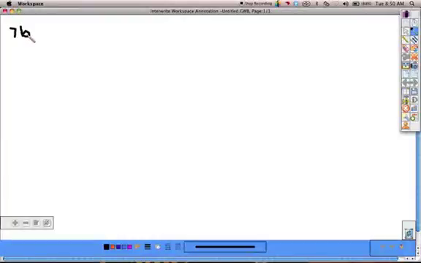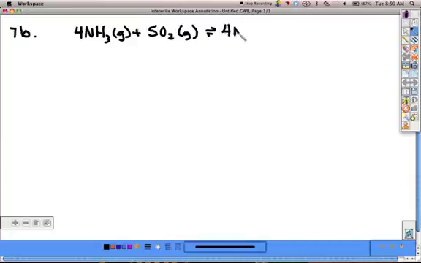7b asks us to take a look at where we started in 7a with the equation for NH3 as a gas plus 5O2 as a gas, which is in equilibrium with 4NO gas plus 6H2O, also in the gaseous form.